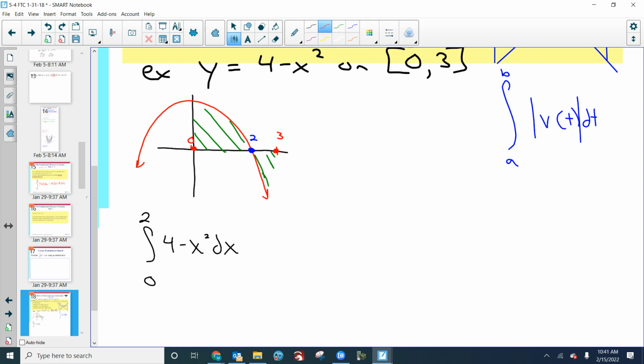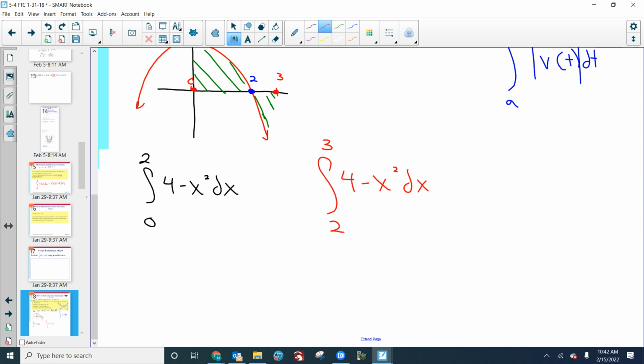Then we're going to take the integral from 2 to 3 of 4 minus x squared dx. And here's where I want to be careful. I'm not just going to put a plus sign there, because if that second area is negative, which I know it is, then adding a negative would not give you the correct value, right? So we're going to evaluate these on their own, find their areas, and then make them positive, and then add them.